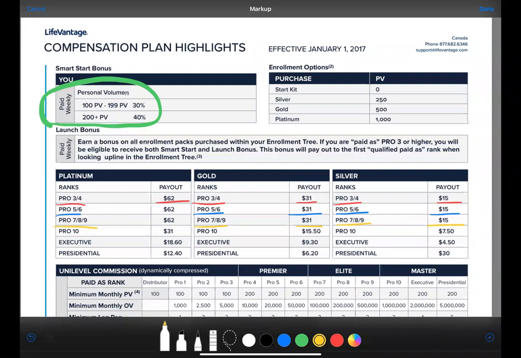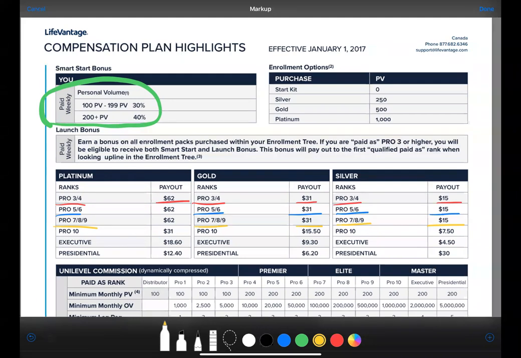Pro 3 is also where you start to get the launch bonuses. So if you are the top Pro 3 in your organization and somebody way down orders a platinum pack, you get paid $62 off of that because you're the top Pro 3 or 4 in that organization. Same as someone orders a gold, you get paid 31 bucks. Someone orders a silver, you get paid 15.